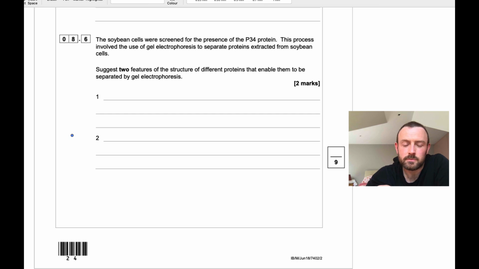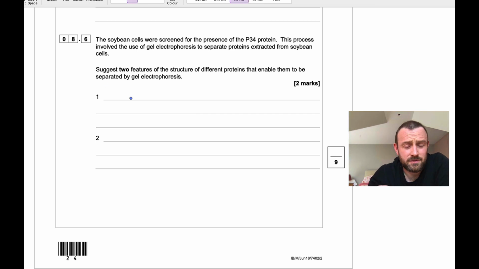The soybean cells were screened for the presence of the P34 protein. This process involved the use of gel electrophoresis to separate proteins extracted from soybean cells. So just two features of the structure of different proteins that enable them to be separated by gel electrophoresis. So basically this is asking you, why does gel electrophoresis kind of work?